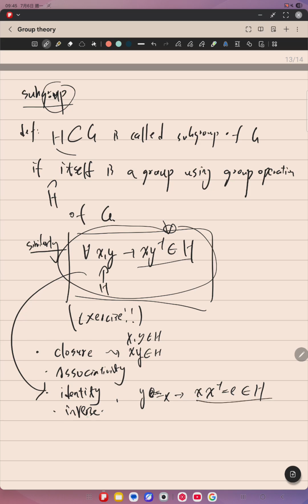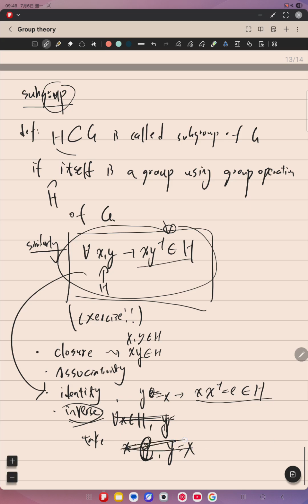Now for the inverse. Suppose you take x to be the identity, and y to be any y.